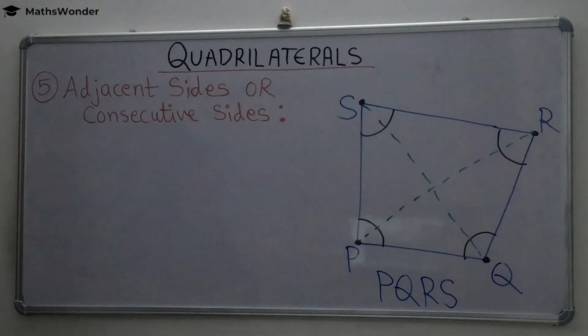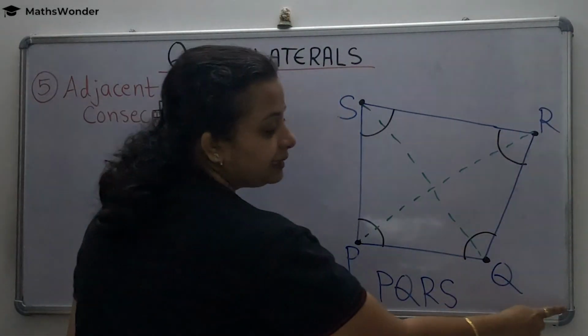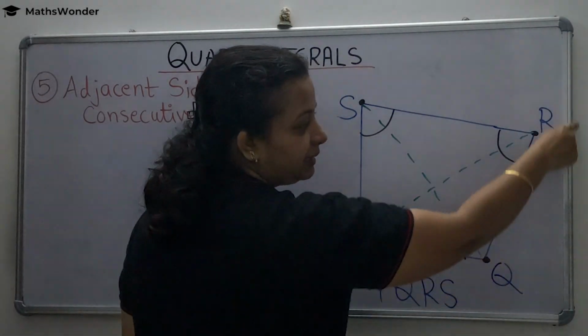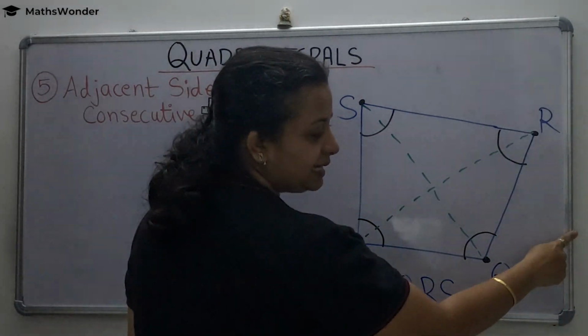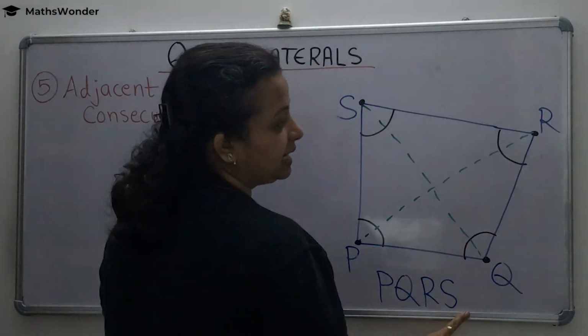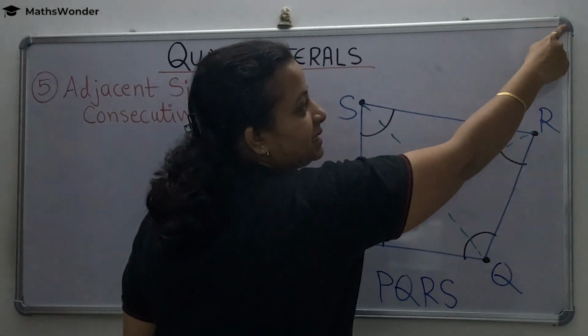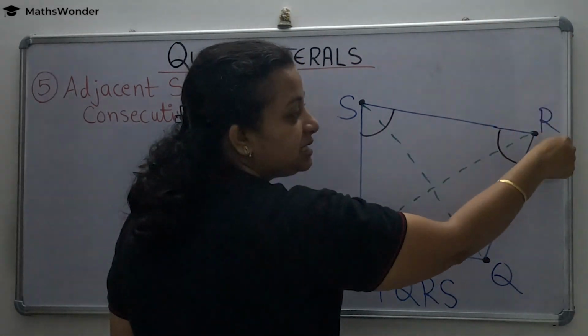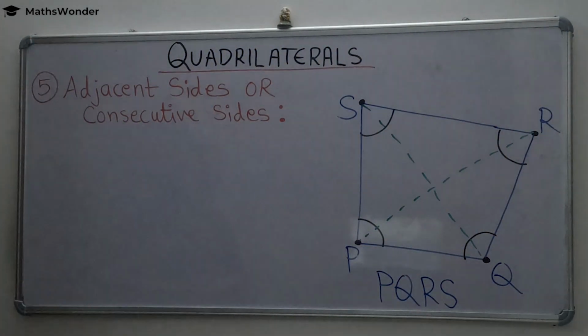Adjacent or consecutive. Like, you can see on my board, this point is common for this length and this breadth. So these 2 sides are adjacent sides. Same, this point is common for these 2 sides, so these are adjacent sides because this is common for both. Okay. Write down the pairs of adjacent sides.